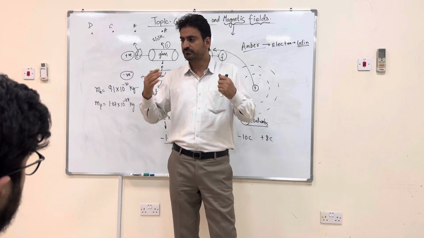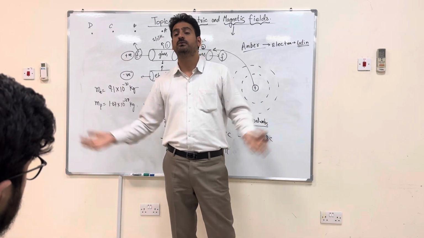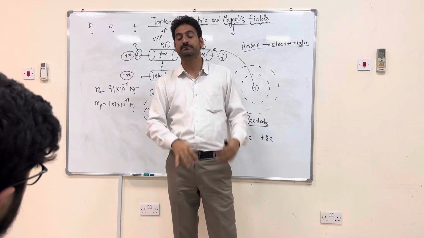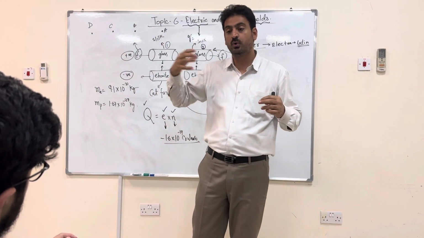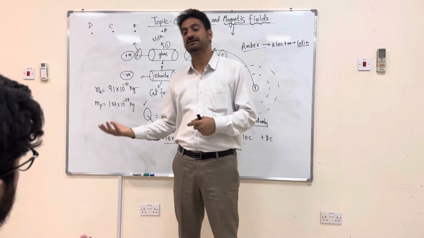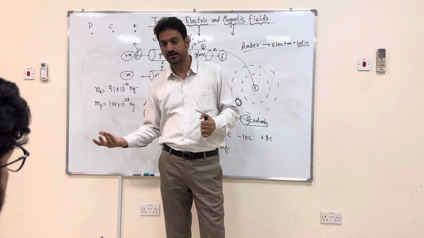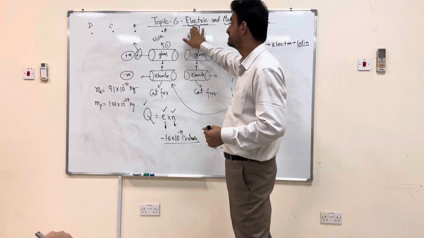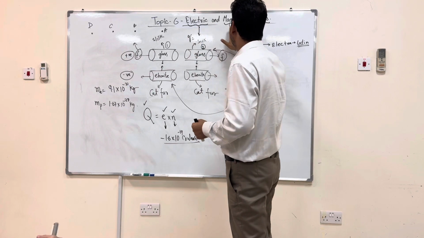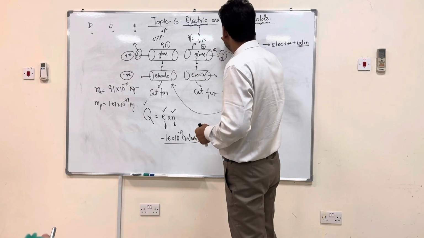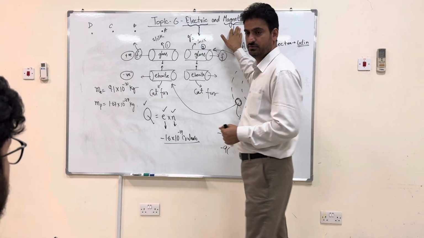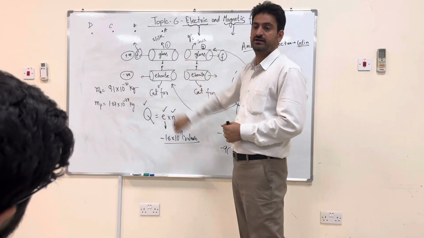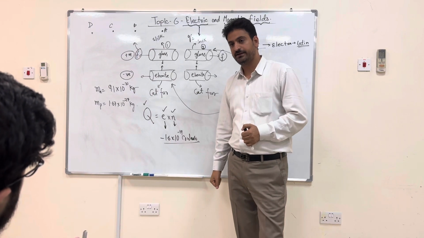After a certain point, we say that the electric field of this charge does not exist here. That means that the electric field of this charge is so weak that it is insignificant. Now you understand the word field. Now you understand the word electric. We are not going to discuss magnetic field right now. So right now, only about the electric field we are going to discuss today. And electricity.